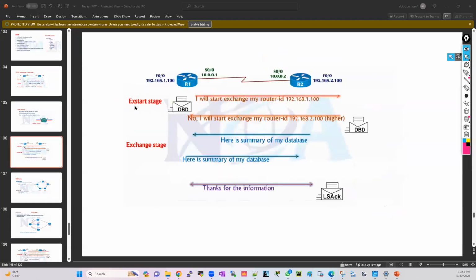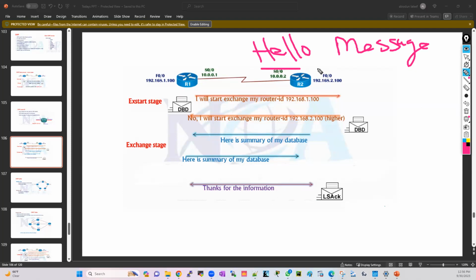Exchange start and exchange stage. These are the messages they use to start the OSPF communication. And we should not forget that hello messages are sent across the board to propagate information.